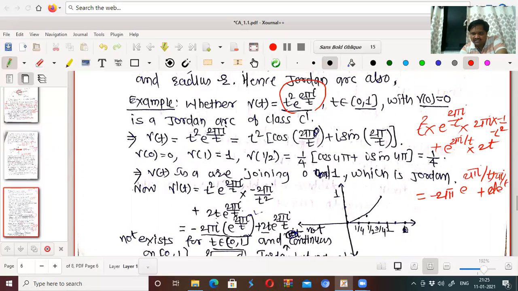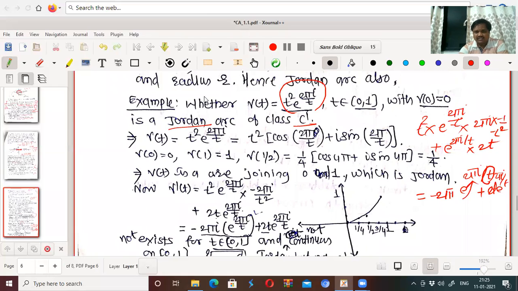Because of this term, we can't say this function is continuous, because as t tends to 0 this goes to infinity. The limit may or may not exist, and therefore it is not continuous. So it is not of class C1. So it is a Jordan arc but not of class C1. Why is it a Jordan arc?